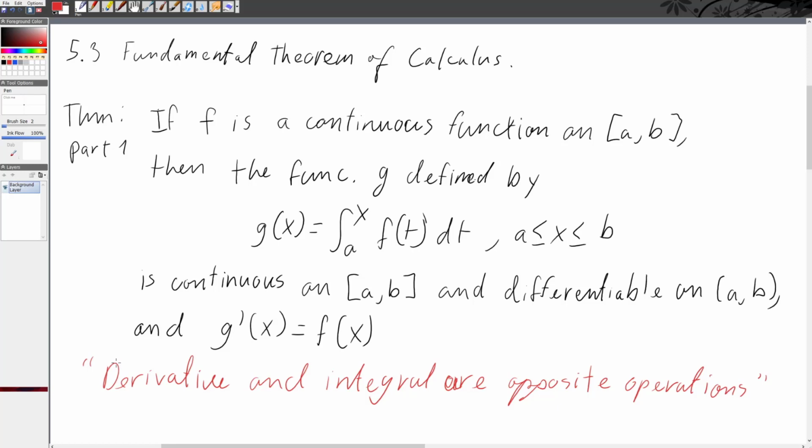That is precisely what this statement is saying. And of course, we have already seen this statement before, back in 4.9, and we'll talk more about that when we go to the second part of the fundamental theorem of calculus. For now, let's take a look at some examples.